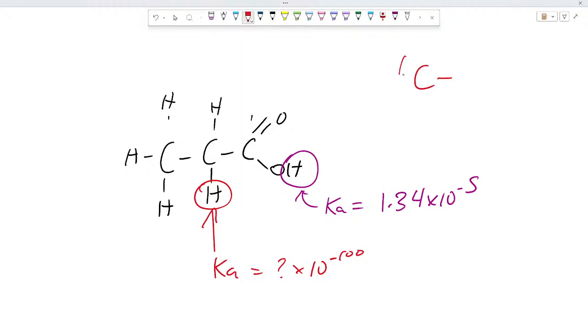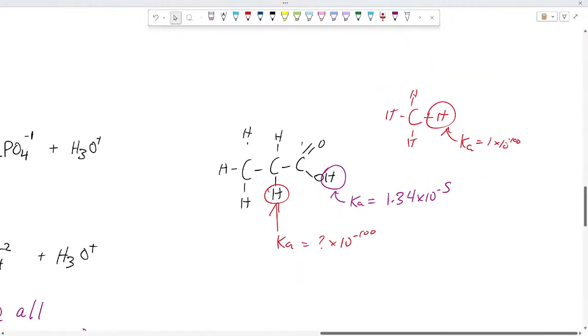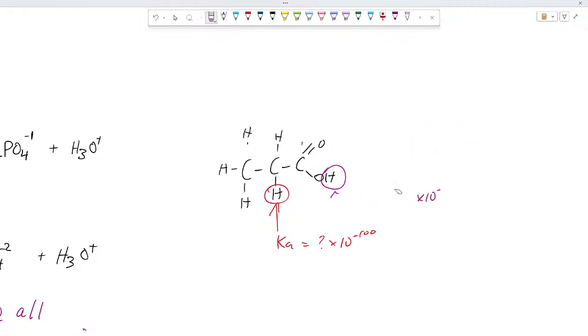In theory, methane could act as an acid and one of those hydrogens could get off. It's just that the odds of that happening are so low that functionally it doesn't really happen. Does that make sense? One of the things to start to learn in the universe is that we live in a probabilistic universe, which means that really nothing's impossible. Anything could happen.